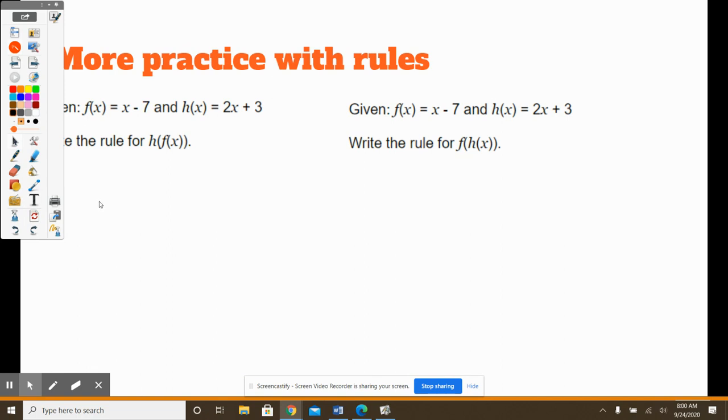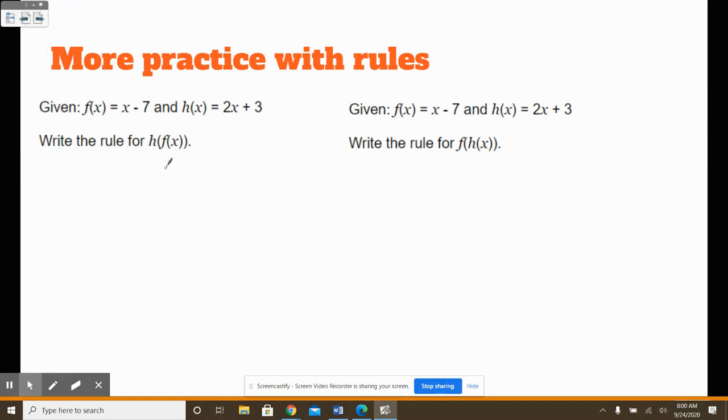Okay, 2 more practices with this. I'm putting my mask on, so I might be a little muffled. H of f of x. Start with your innermost parentheses, f of x, and we will have h of x minus 7. That tells you to go to function h. Here it is.